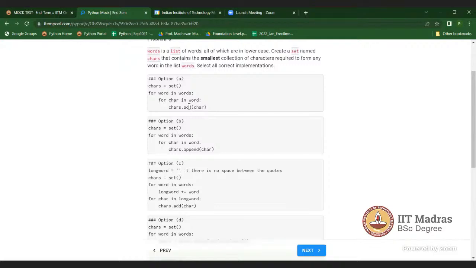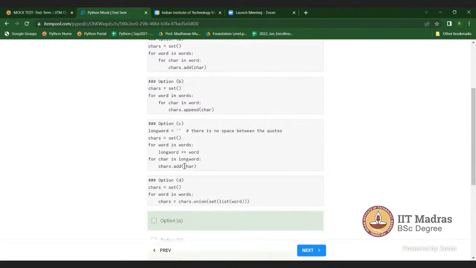Initially long word is initialized to an empty string, I mean no space. Then for word in words, we are adding the names of all the 93 participants and making one big string, and then for the characters in that string, we are doing the same thing.